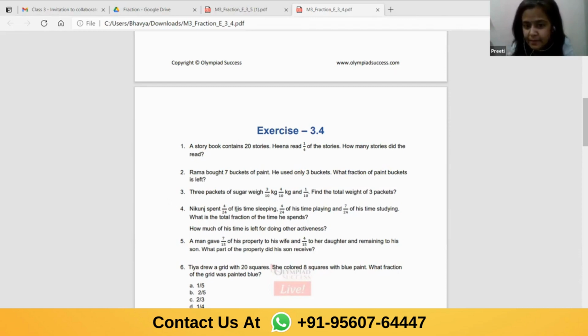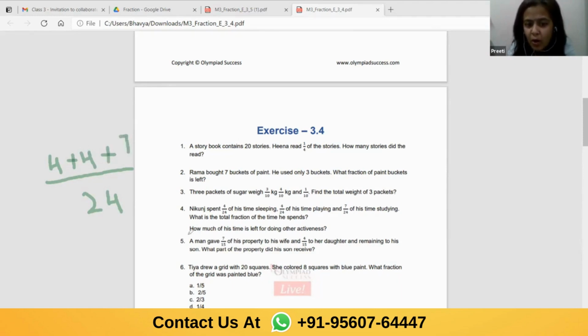Sanvi. Ma'am, 15 upon 24. She is absolutely right because the denominators are same. It is all 24. So we just have to add the numerators, which is 4 plus 4 plus 7, which gives you 15 upon 24.